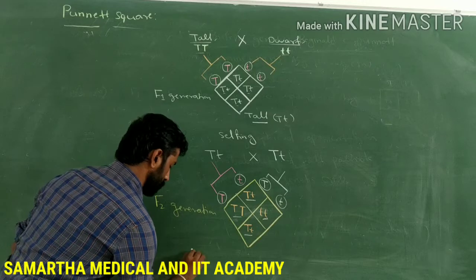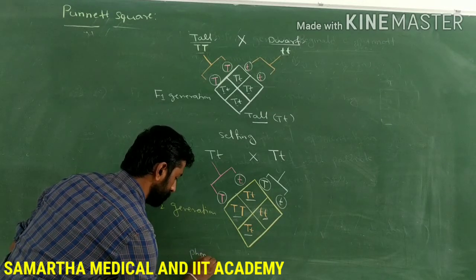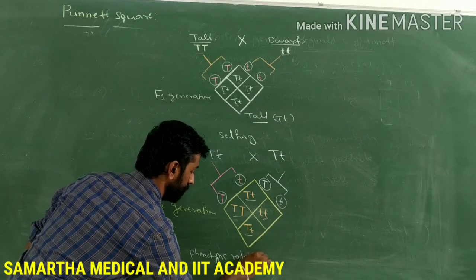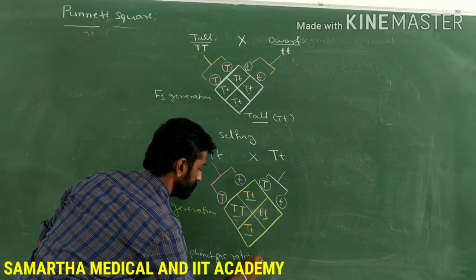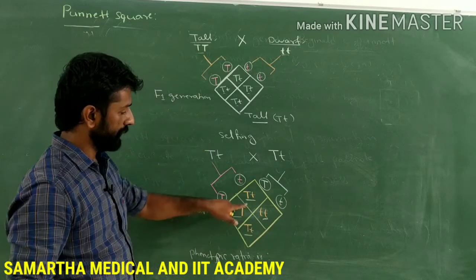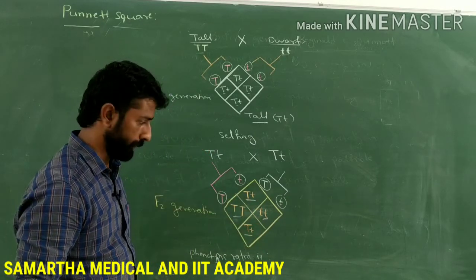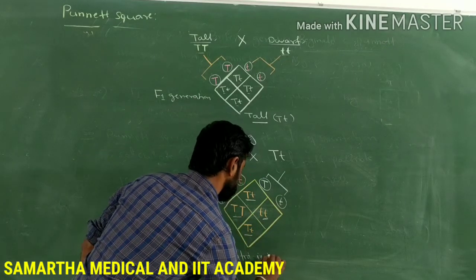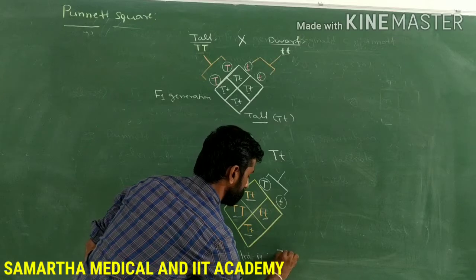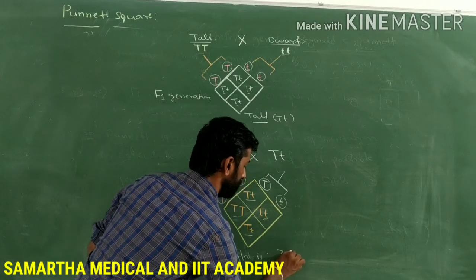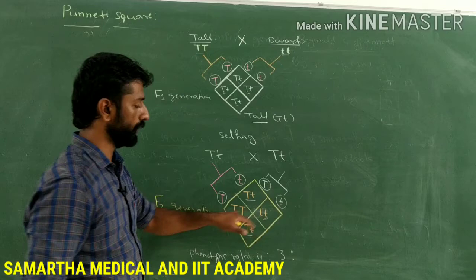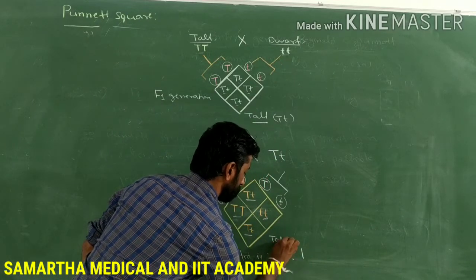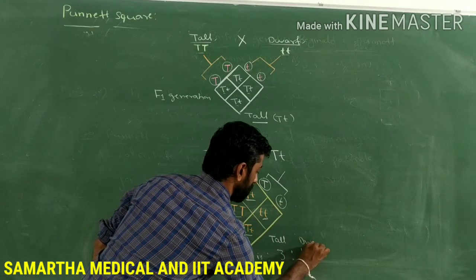So if you take the phenotypic ratio, out of 4 offspring produced, 3 are found to be tall and only 1 is found to be dwarf.